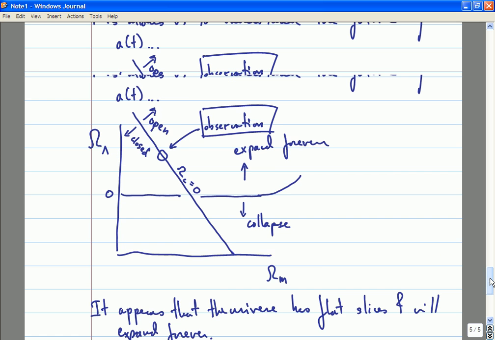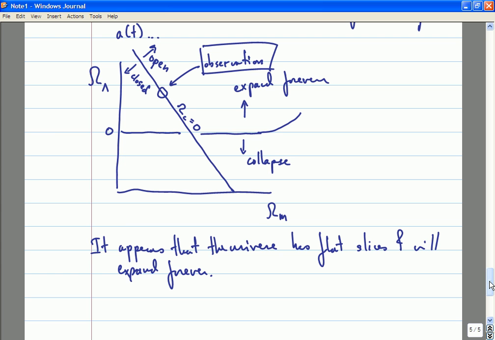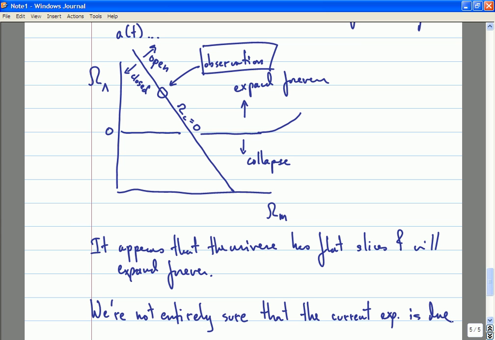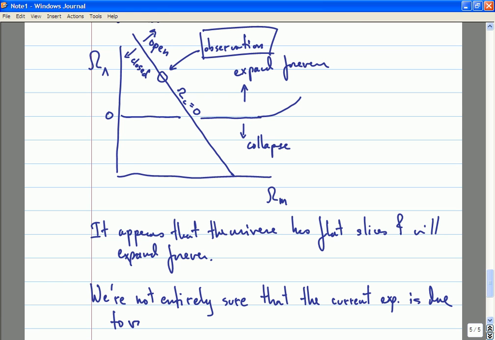And so I should emphasize that we're not entirely sure that the current expansion is due to a cosmological constant or vacuum energy as opposed to something else which looks like vacuum energy right now, but might look very different in the future.